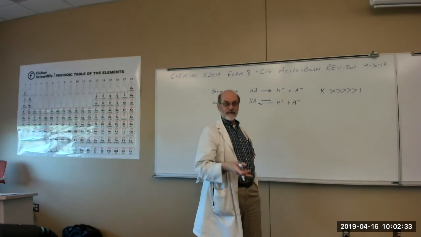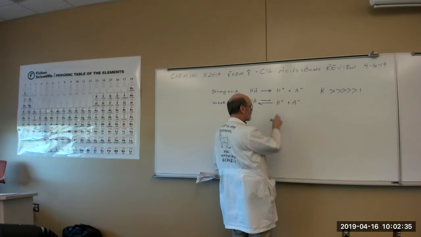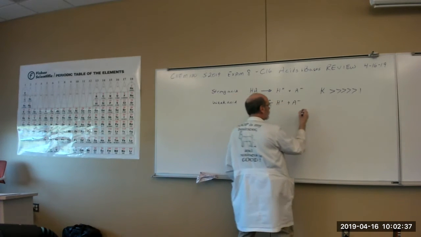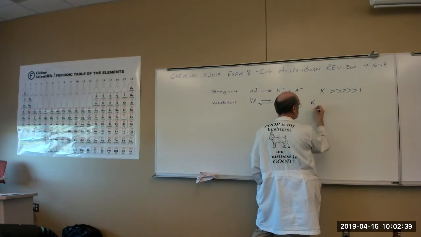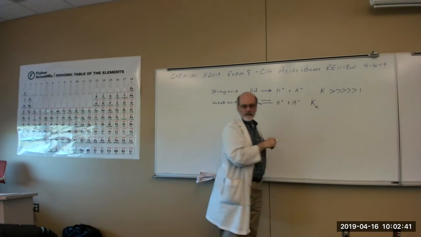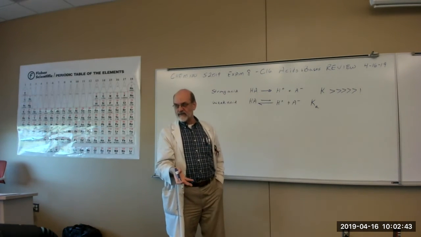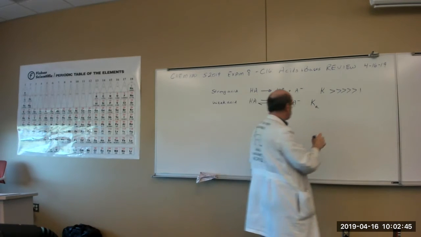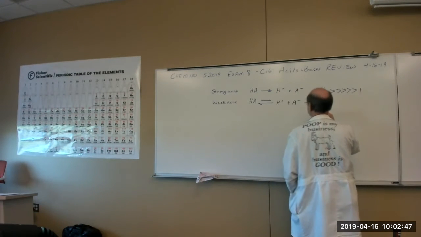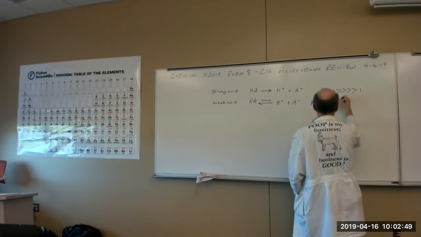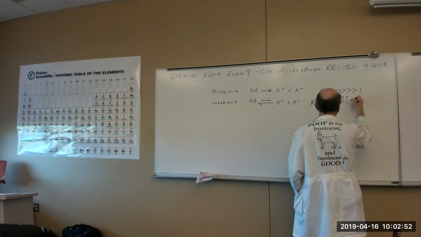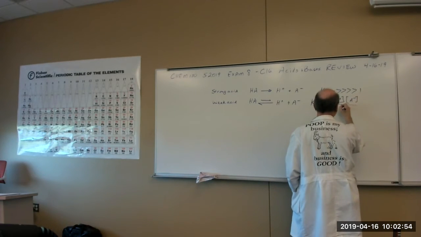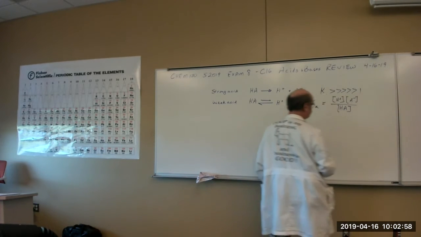Anything divided by 0 is infinity. But this one does have value. So when we write the K for this one, we use a subscript of A, Ka, the equilibrium constant for an acid. Then we have this one times that one divided by this one.